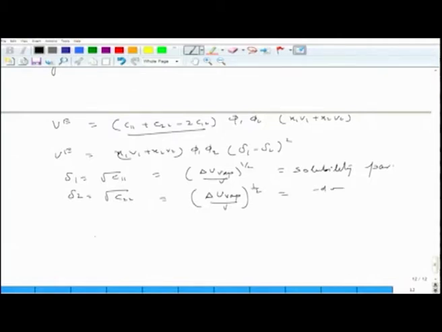Now, this if you put it here, you should be considering that C12 is nothing but square root of C11 C22. So, that way these two expressions are synonymous.